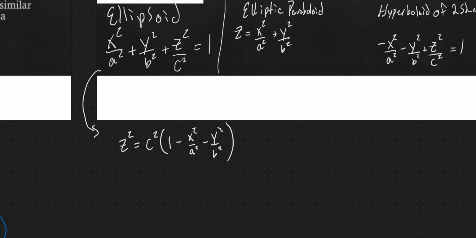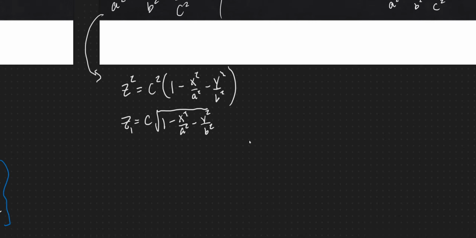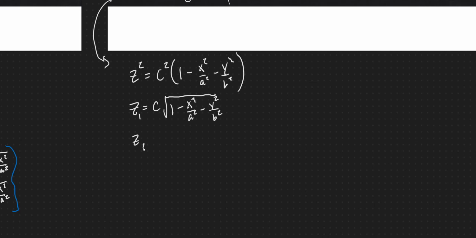So I almost have z, but if I try to take a square root, z could be either positive or negative, and so I end up with two functions. Maybe I'll say z1 is c times the square root of 1 minus x squared over a squared minus y squared over b squared. And z2 will be minus c times the square root of 1 minus x squared over a squared minus y squared over b squared.